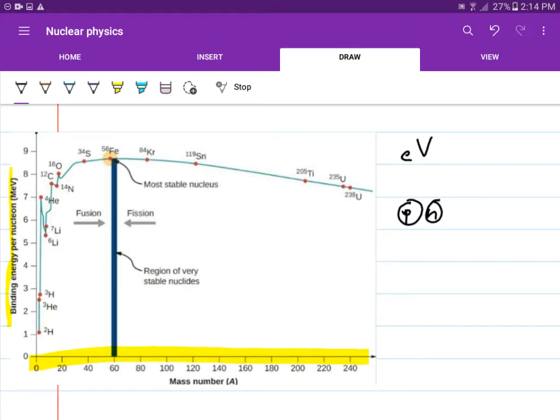So let's start with hydrogen. Hydrogen has a low binding energy per nucleon, in the sense that you only need a certain amount of eV for one proton and one neutron to bind.